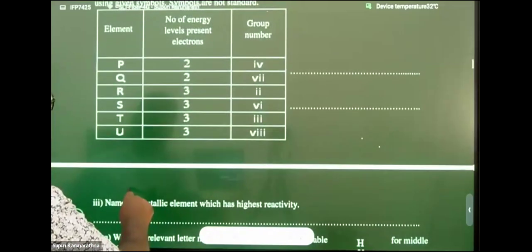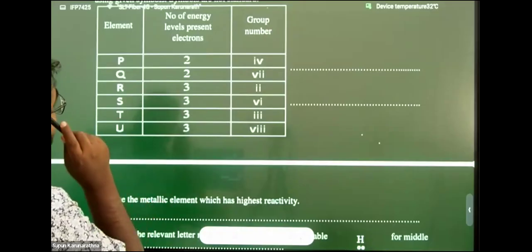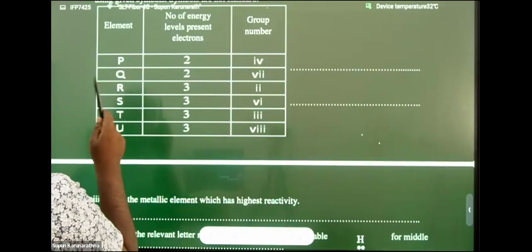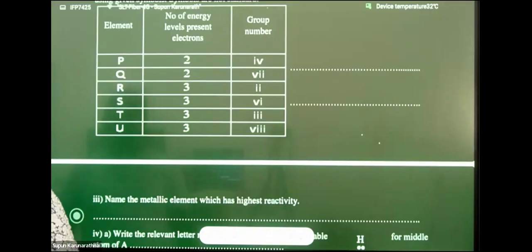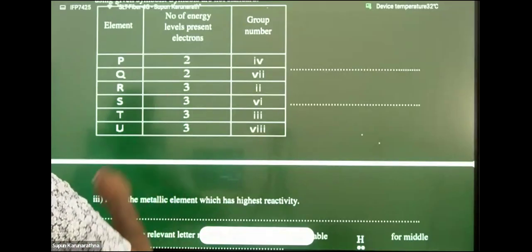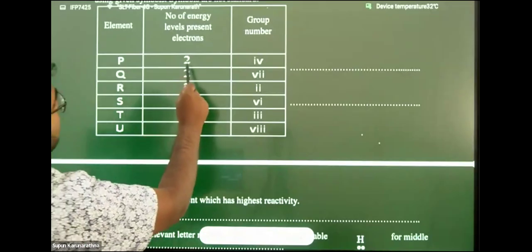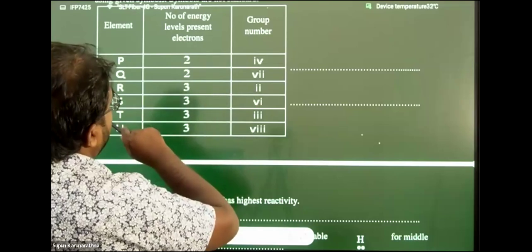Hari, how do we identify this element? You can see that group number is given. Number of energy levels present and electrons is also given. It's a second period, fourth group element in the periodic table.